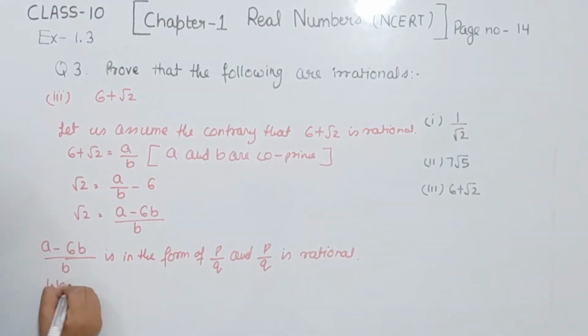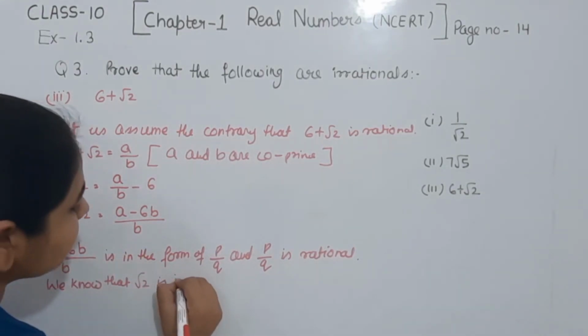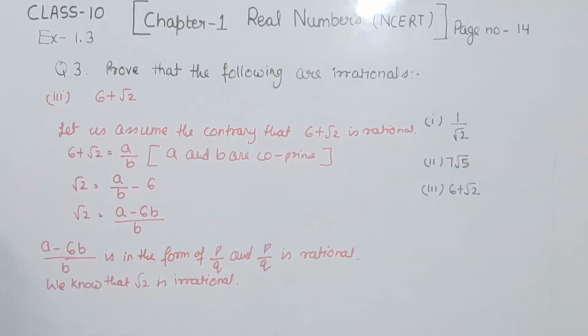And we know that root 2 is an irrational number. So it cannot be possible that a rational number is equal to an irrational number.